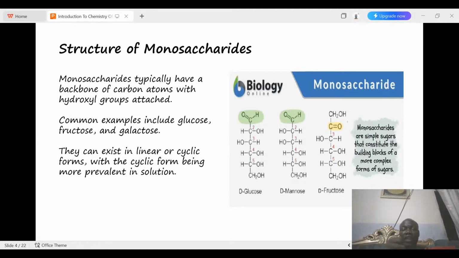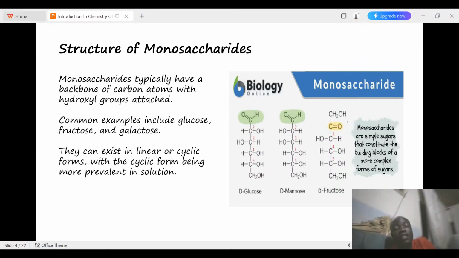So most of the carbohydrates that you have, if you put them in water or any solvent, usually cyclize themselves. After the cyclization, that is why it is called the cyclic form of the carbohydrate.